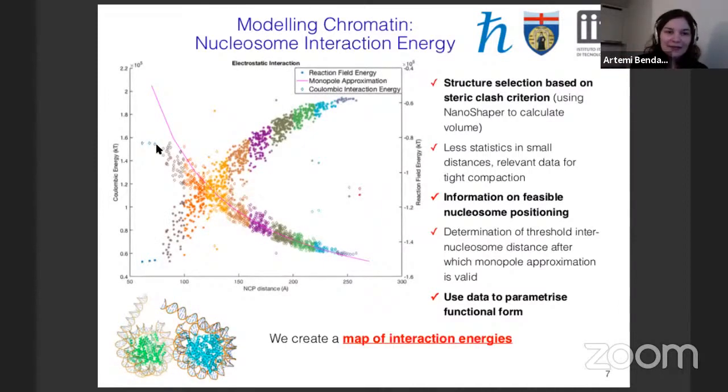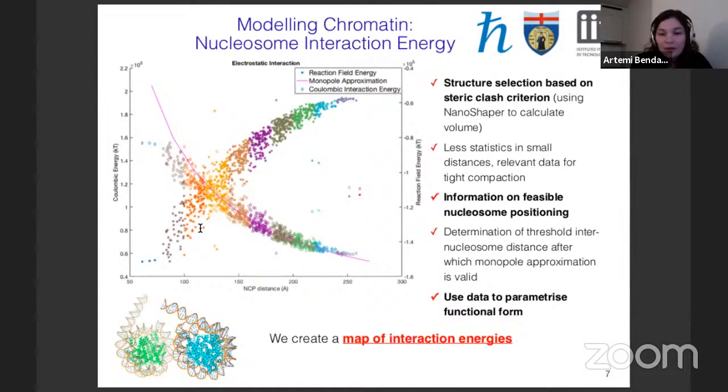This led to less statistics for close distances, as you can see here in this plot, but it also gave us a sort of a negative result. It told us which are the non-feasible angles and pairs of angles and translations in very tight packing situations.